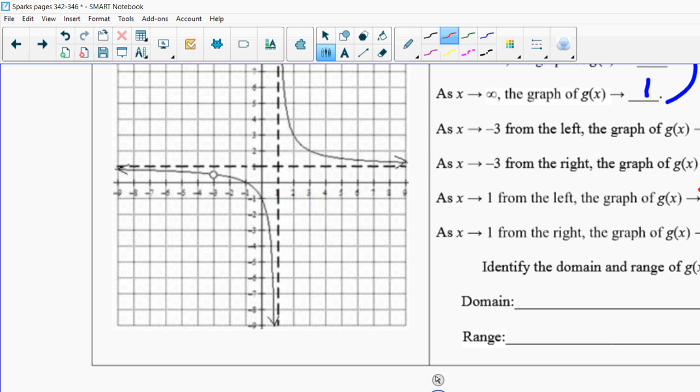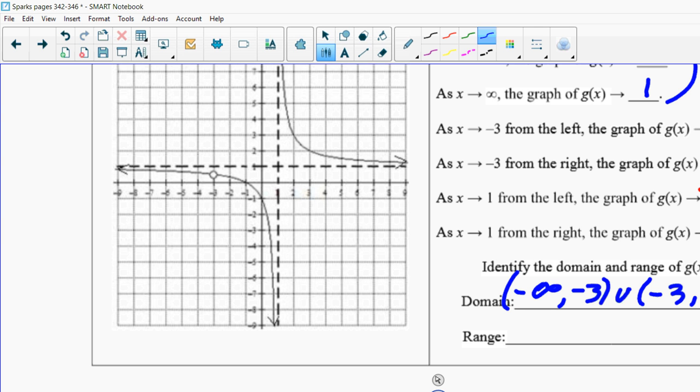Domain and range. What's the domain of this thing? Okay. What got left out? Why did -3 get left out? Because it's the hole. It's the x value of the hole. Why did 1 get left out? The x value of the, be specific, vertical asymptote.